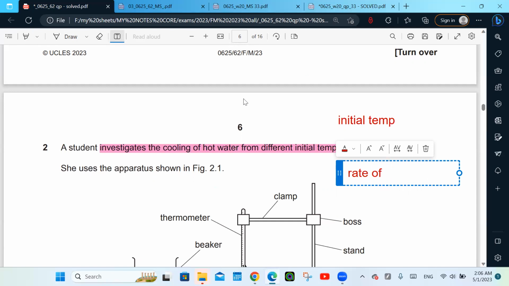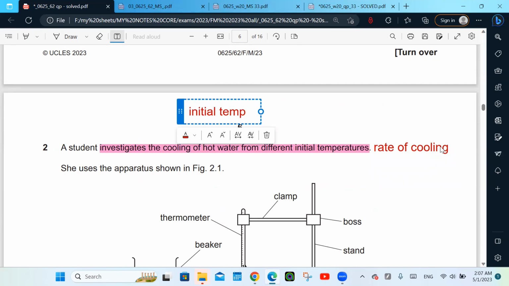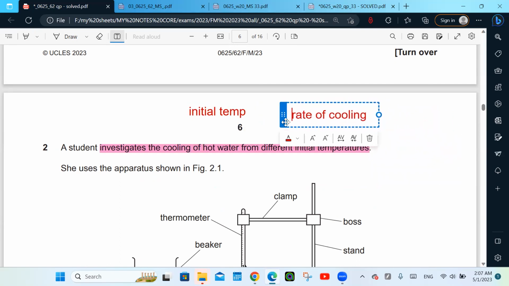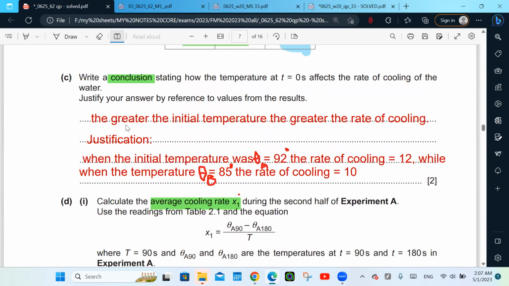So be careful. You cannot make the initial temperature the same, because in most cooling experiments we used to change all the variables but keep the initial temperature the same. No, here be careful: we need to make a relation to see how the initial temperature affects the rate of cooling. We already said, from the experiment, that the greater the initial temperature, the greater the rate of cooling will be.